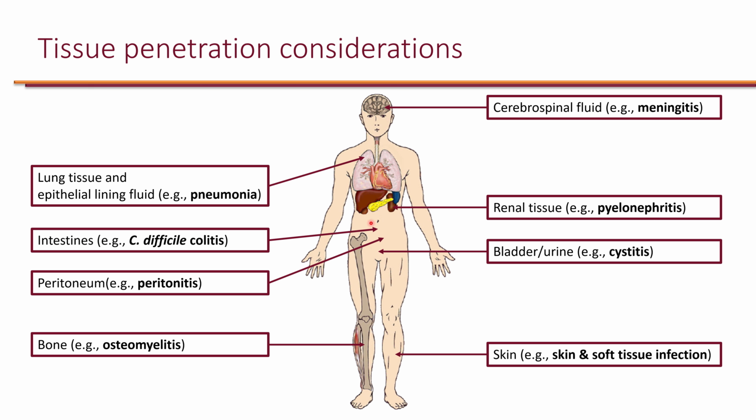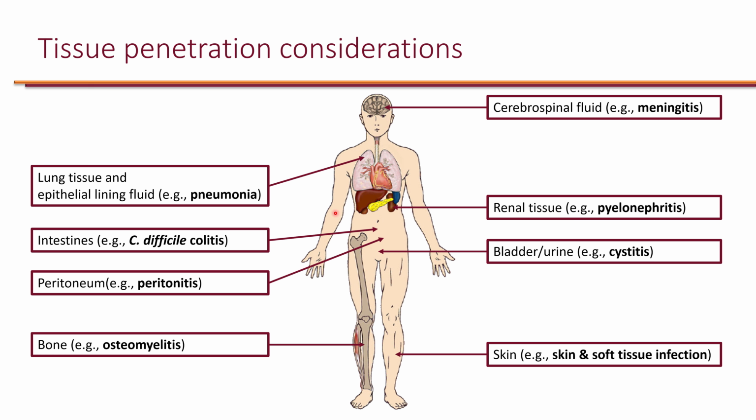For peritonitis, which is in the peritoneum or peritoneal space, you want to make sure that the drug penetrates that area. Occasionally, if the infection is inside the intestines, for example, Clostridioides difficile colitis, you actually want to make sure that the drug stays in the stomach and is not absorbed into the blood.